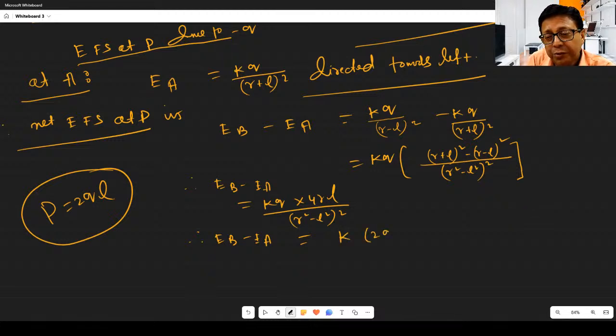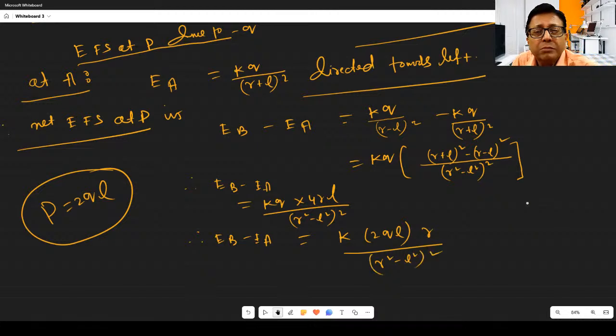K into QLR by, yes, 2R will be there. So it will be K into 2R into P. If you write P vector, then it's okay.